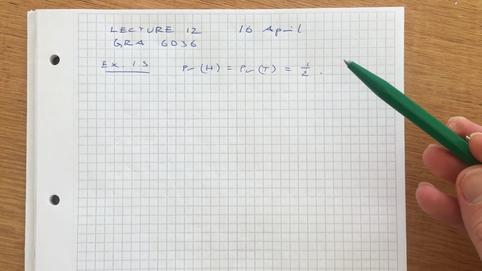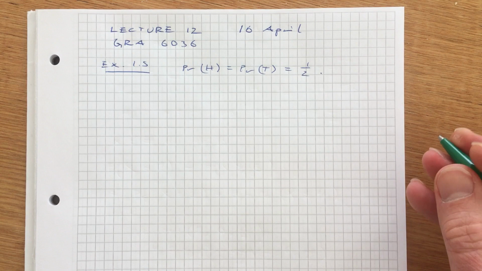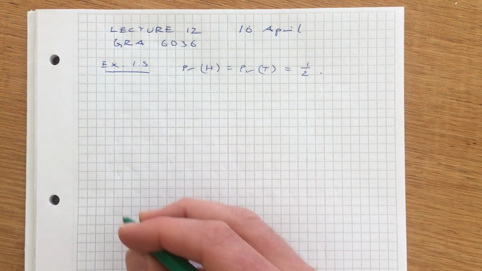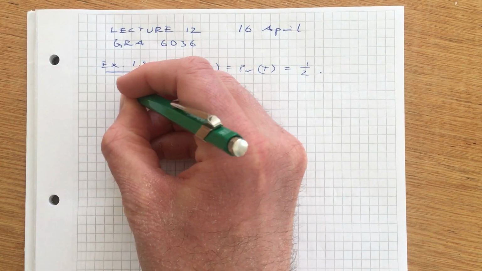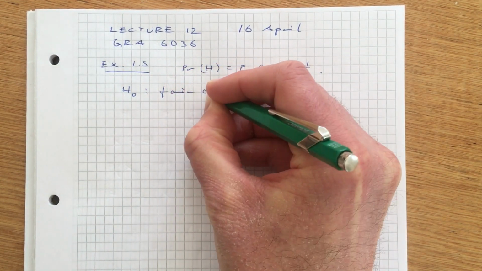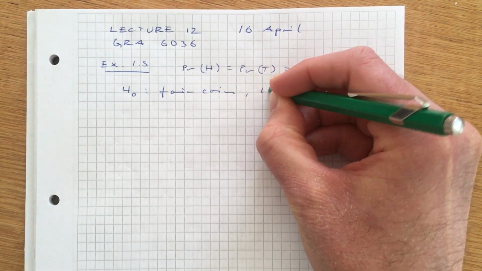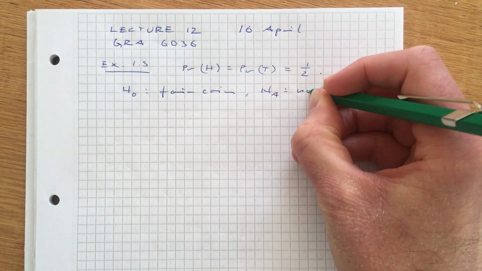So to translate what we want to do into hypotheses, our null hypothesis will be that we do think that our coin is fair, so our null hypothesis is fair coin, while the alternative hypothesis is that it's not fair.